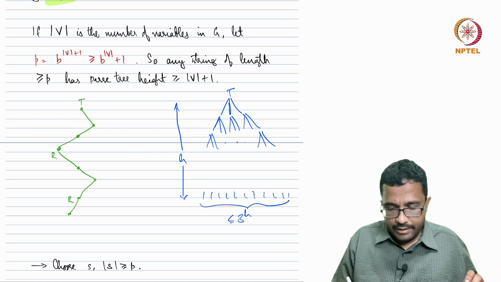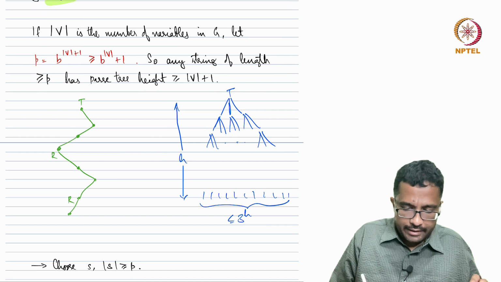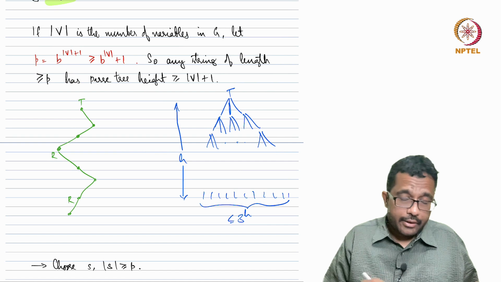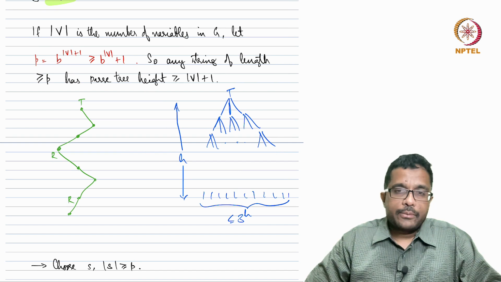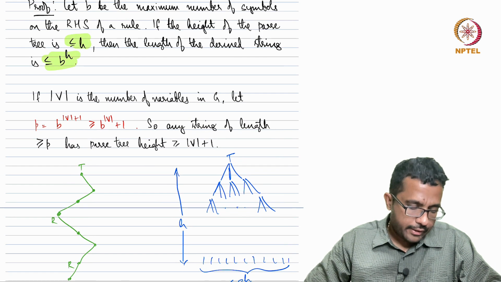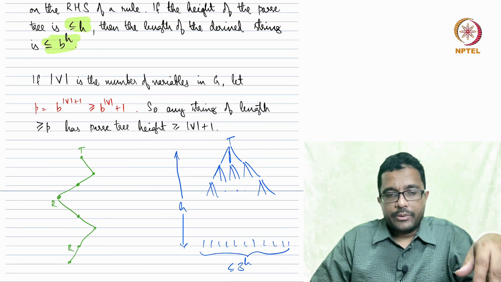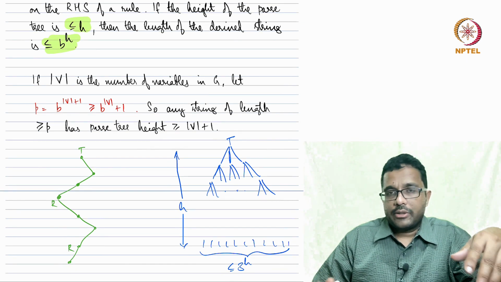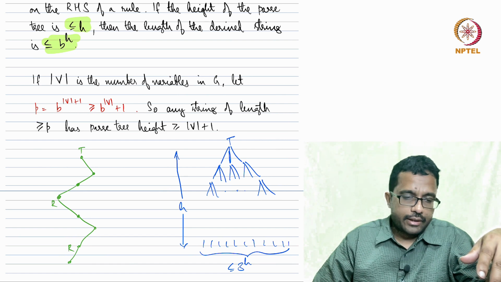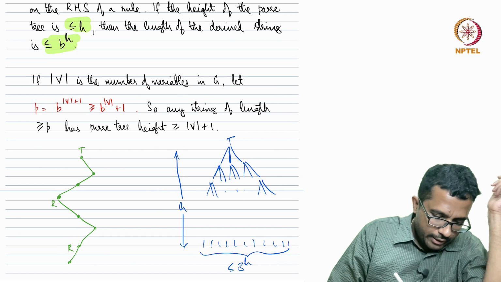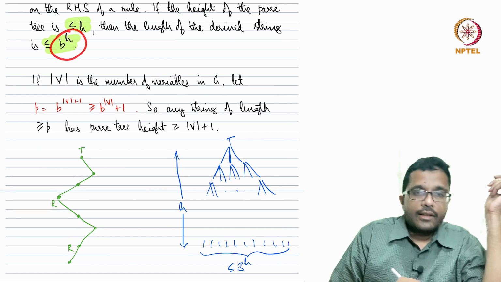If the height of the parse tree is h, then the length of the string is at most 3 power h. In this case, every rule gives rise to at most 3 symbols on the right hand side. If instead of 3 it was b, then we would get b power h, which is what we said here.